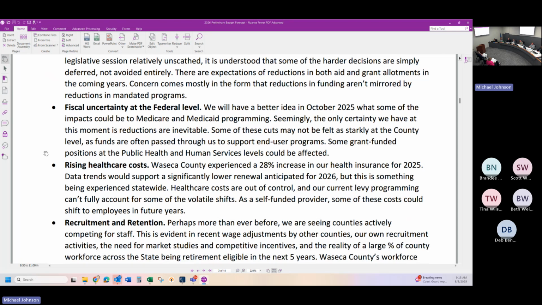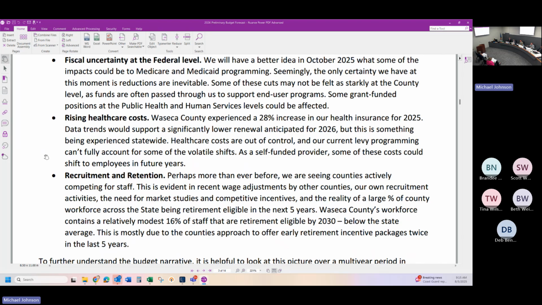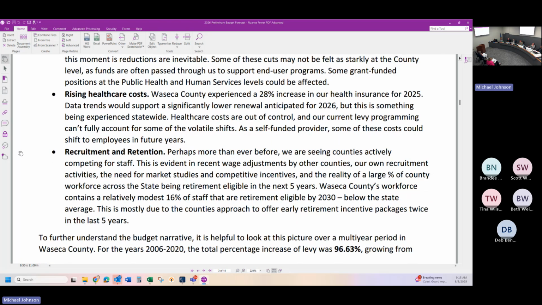Personally, from the county standpoint, I'm seeing a lot of healthcare costs rising that are able to be absorbed by the county this year, though I felt it necessary to put in here that as we continue to see these pressures increase, at some point these are going to be extended back or shifted to employees in future years because there just isn't really an alternative to that. That would be in terms of premiums on a monthly basis.